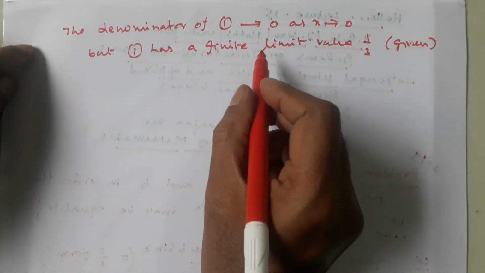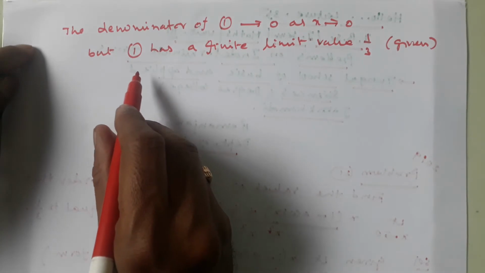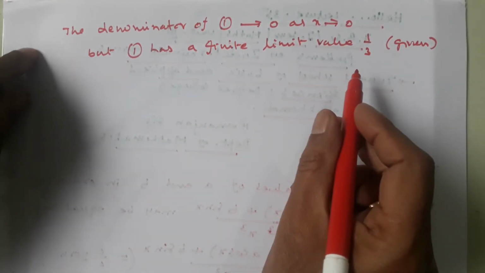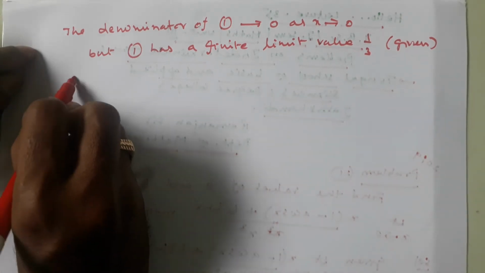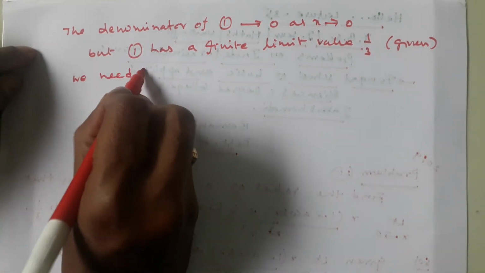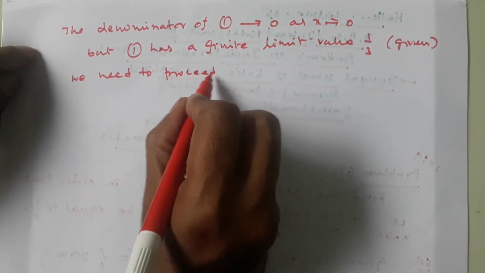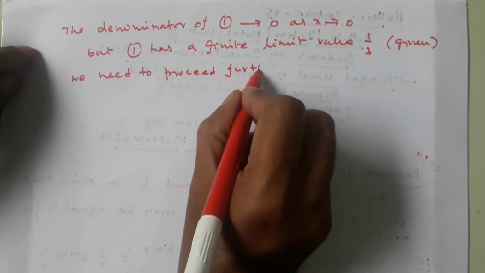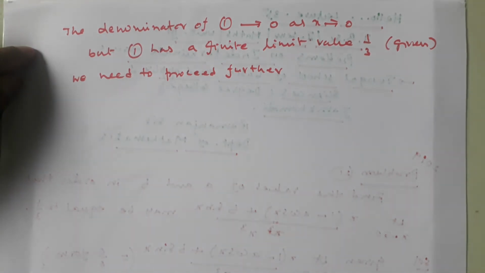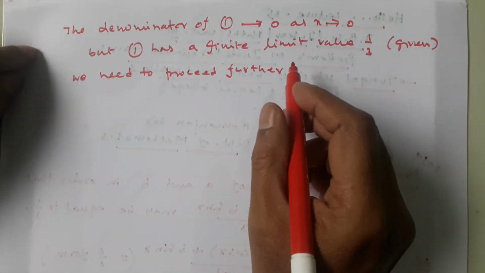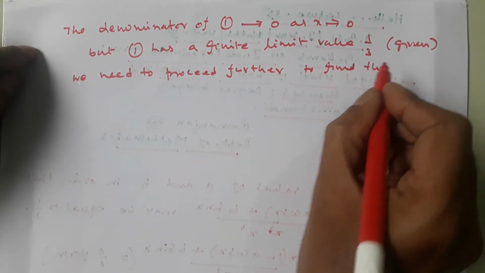Actually, if the denominator is 0, the limit would be infinite. But in the problem they have given that 1 has a finite limit value, 1 by 3. So we need to proceed further to find the limit.